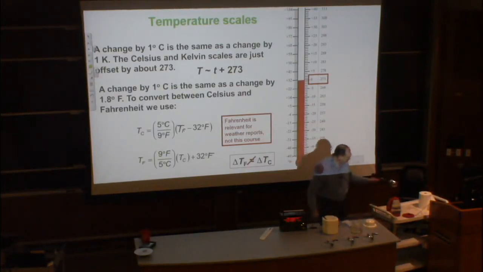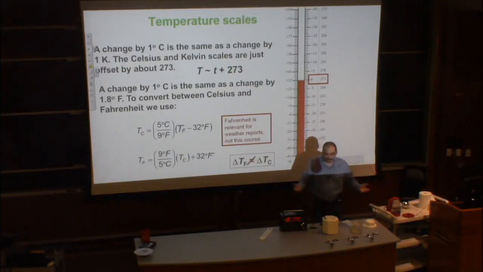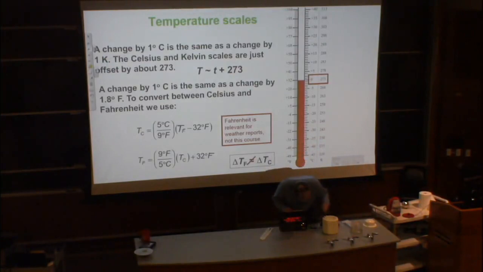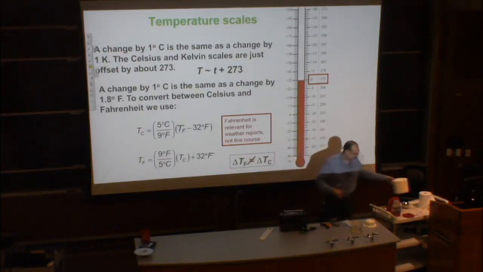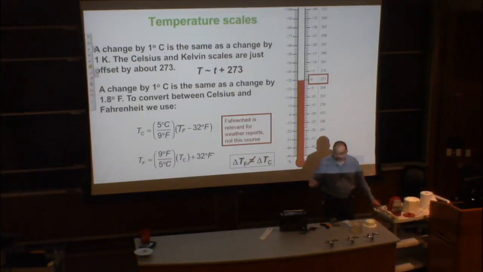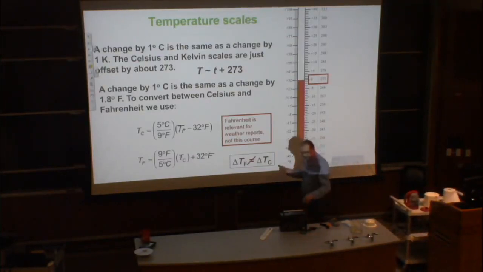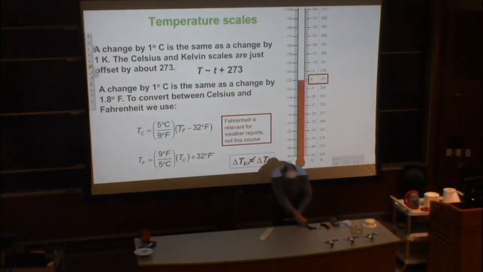And that's how he invented his temperature scale. Of course, he divided that region into 100 equal portions and called every portion a degree, a degree of Celsius. And that's what most of the people use in the world.